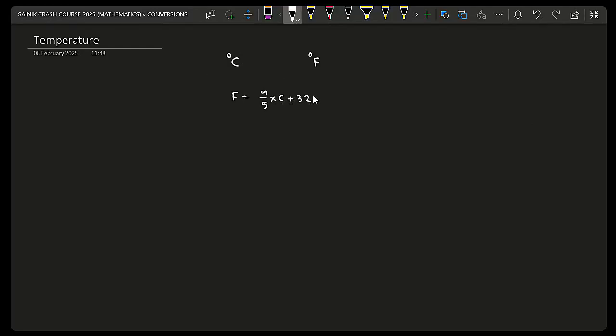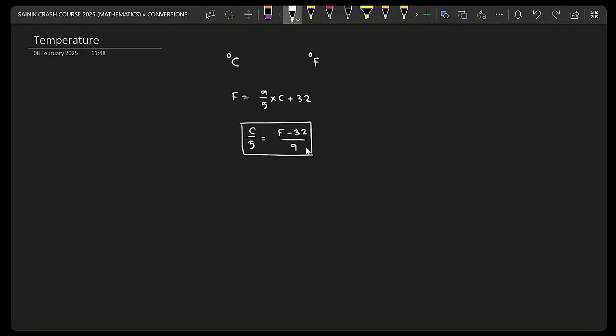Or we can simply remember C by 5 is equal to F minus 32 by 9. If you remember this, we can convert from any system to any system, from centigrade to Fahrenheit and Fahrenheit to centigrade.